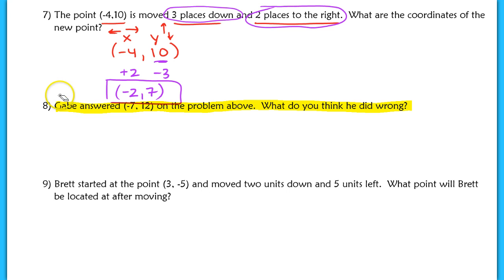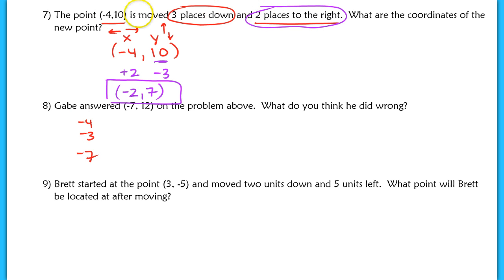Now Gabe, when he answered the question, he just looked at the 3 places down and he just attached that to the x since it was the first direction listed. But remember, down is the effect on the y value, not on the x value. So you don't want to subtract 3. So what he did is he subtracted 3 from -4 to get -7.